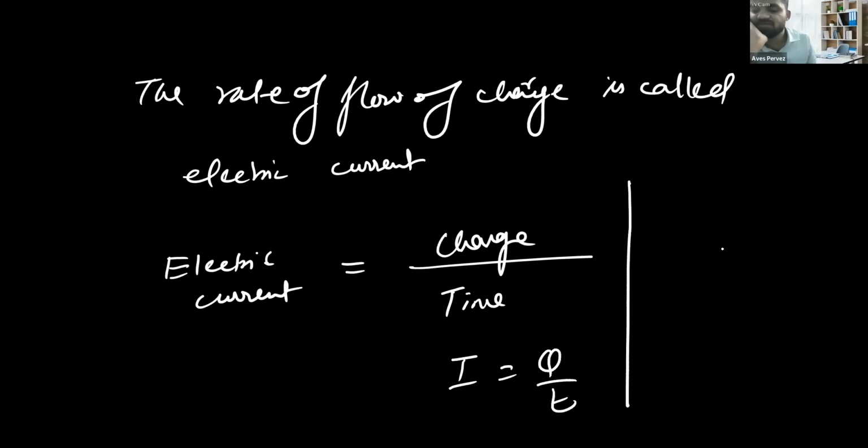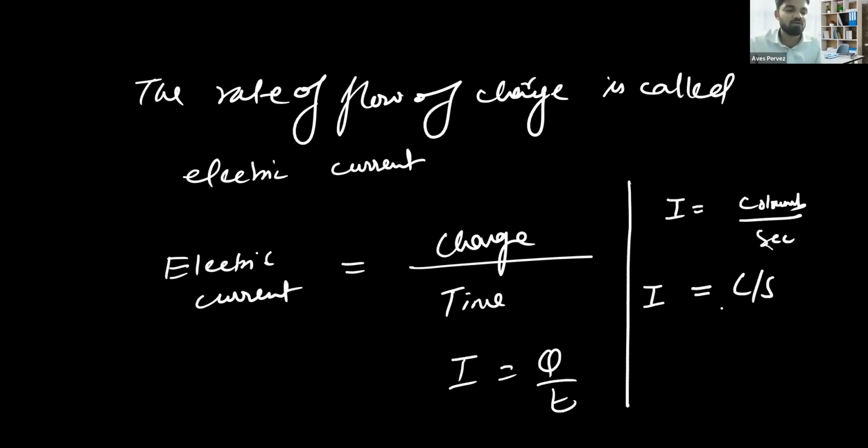Please note it down. The rate of flow of charge is called electric current, and I can be defined as Q by T. The unit for charge is coulombs and T, time, is in seconds. So its SI unit is coulombs per second, which is together called ampere. Note it down.